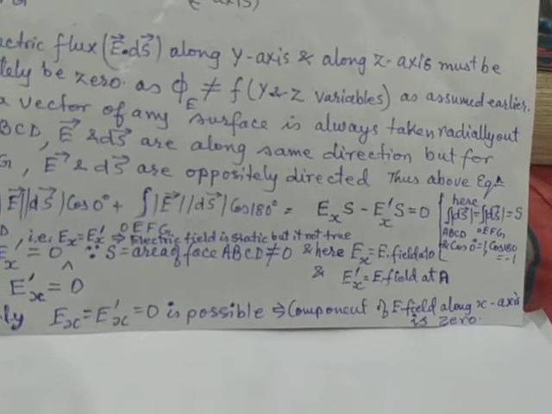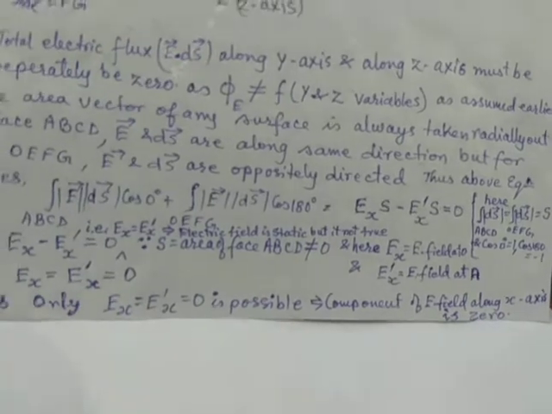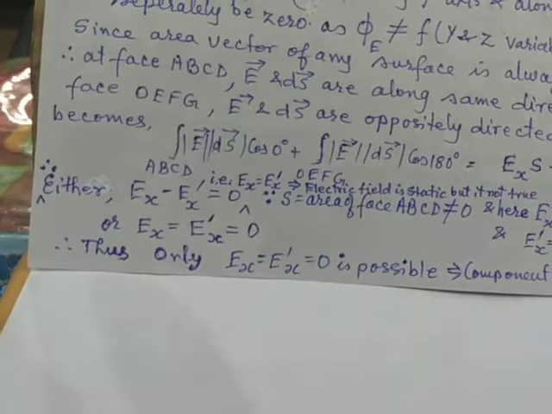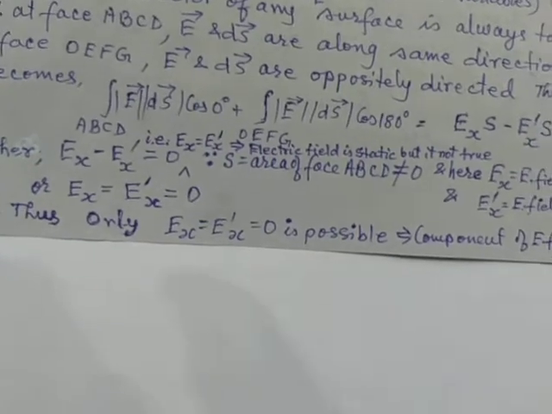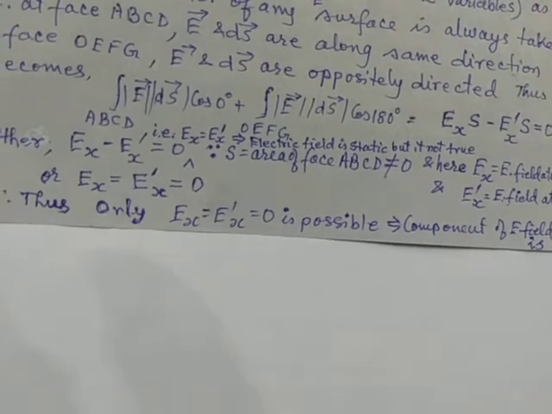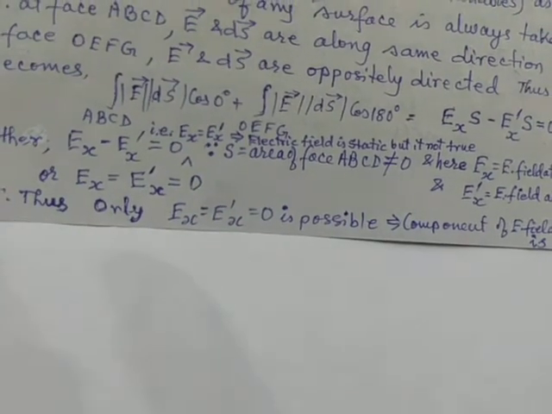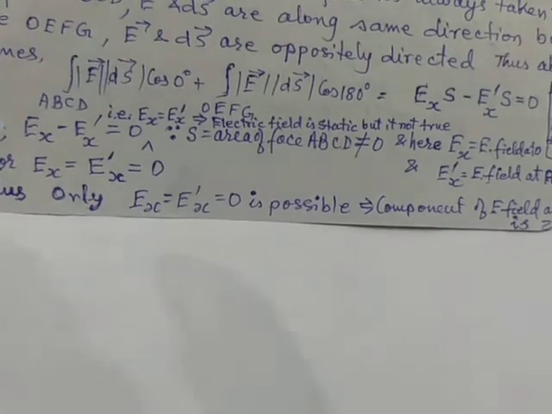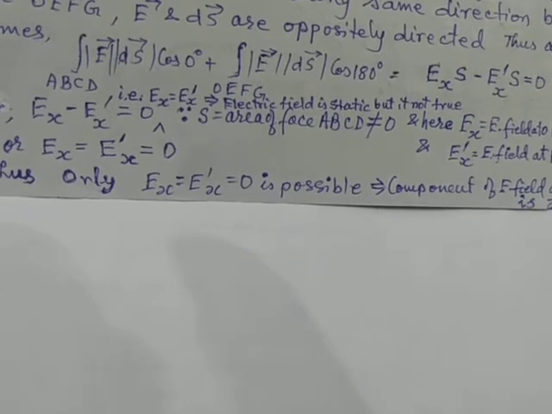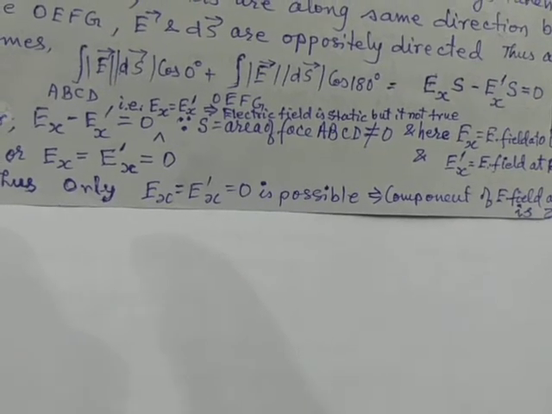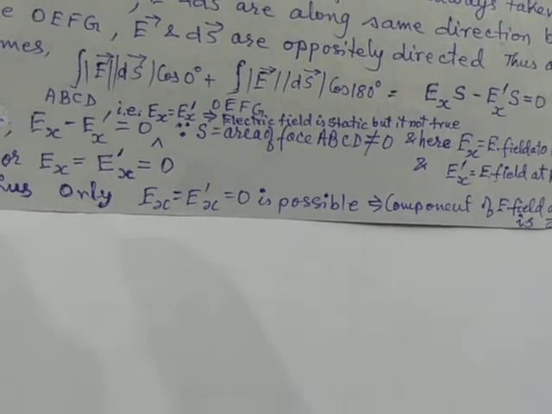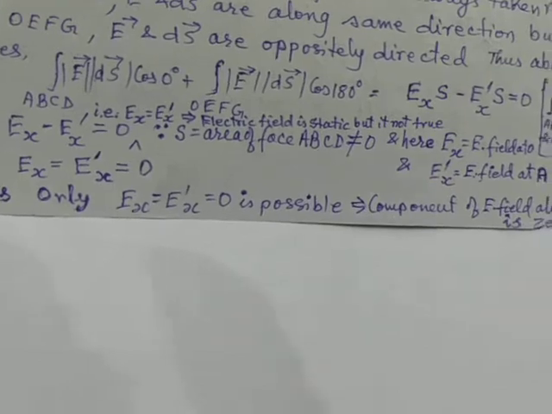Thus only Ex equal to Ex dash equal to 0 is possible, because we have assumed that electric field is depending on x, and so it should not be constant.